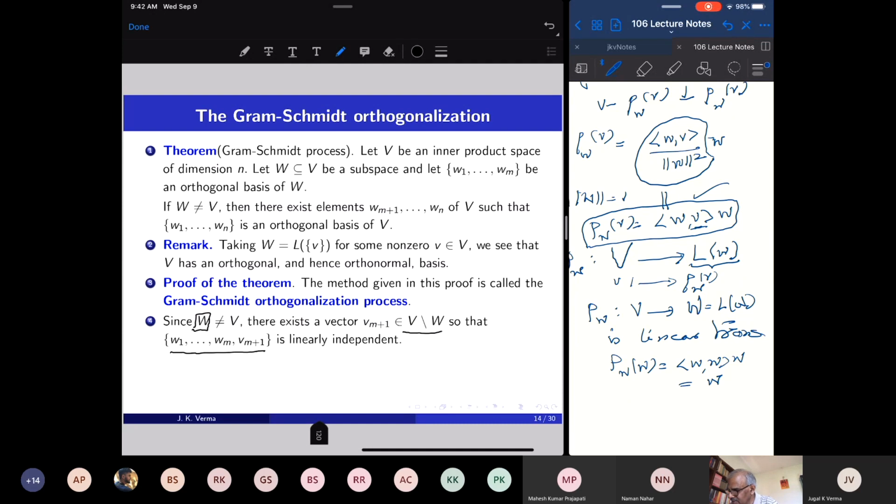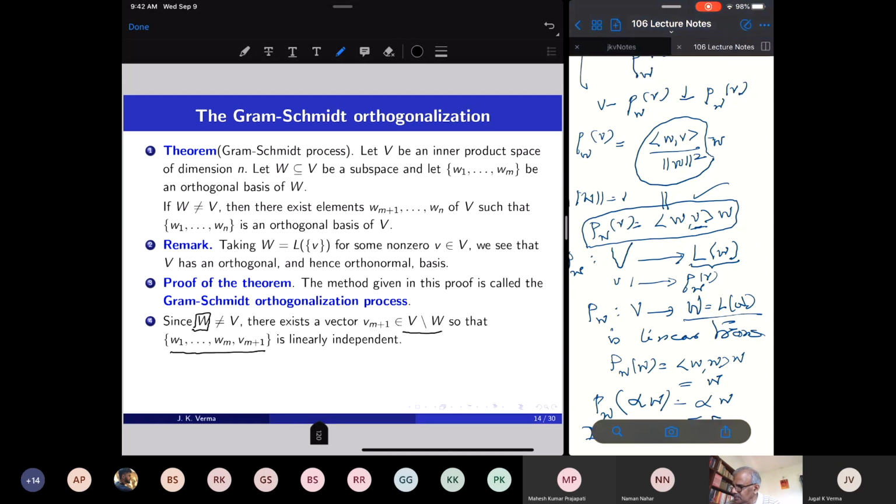When I take a vector in the direction of W and project it in the direction of W, I get the same vector. So W is mapped to W. Any scalar multiple of W under this projection map is also mapped to the same scalar multiple. Therefore the image of the projection operator is this one-dimensional space.